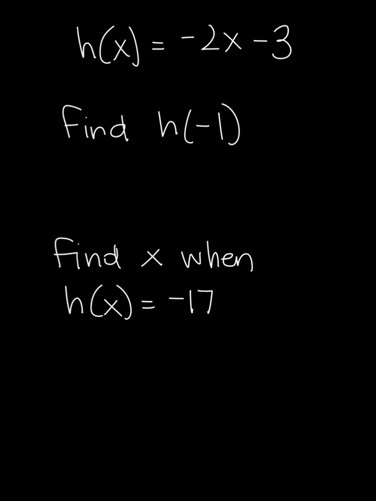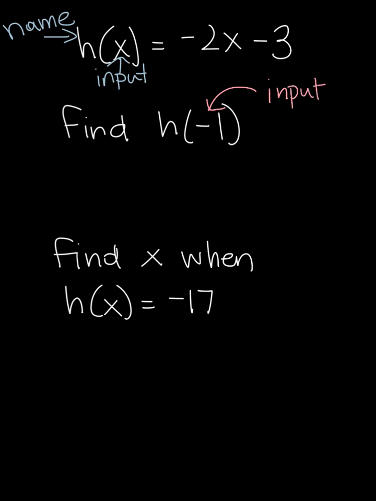Function h. Function h, again, that's just the function's name. Don't be scared of that letter. And we'll be putting x's in and getting out outputs. The function we're putting things into, the math problem we're putting things into, is -2x minus 3. So, -1's on the inside. That means -1 is the input.